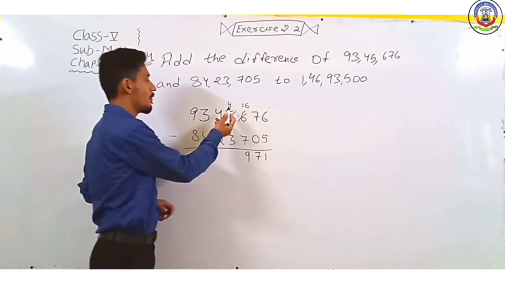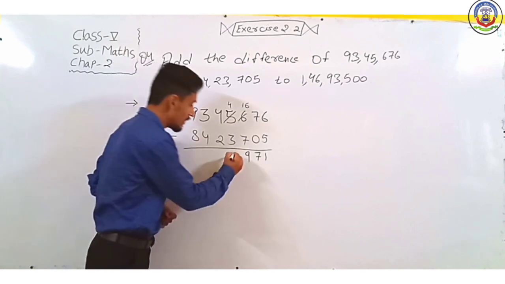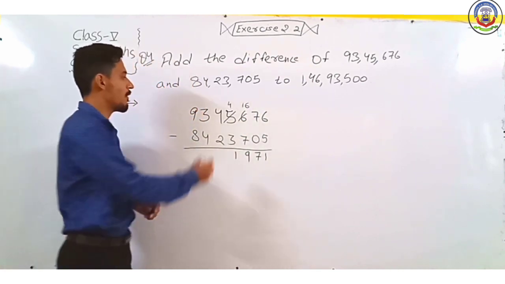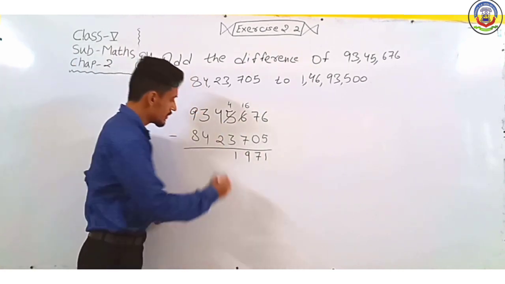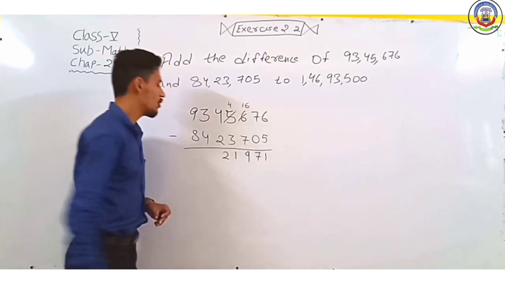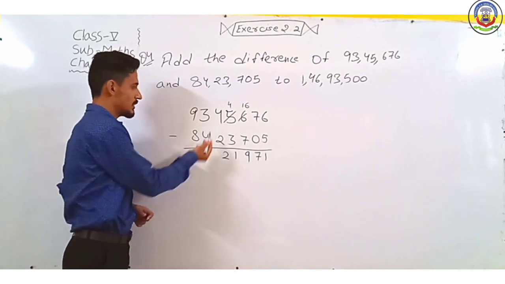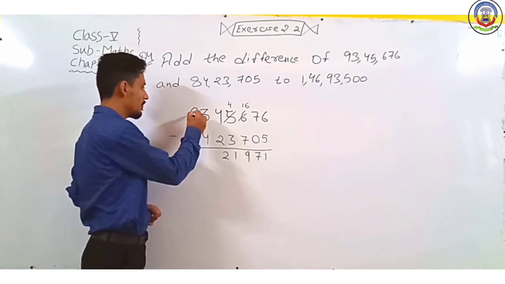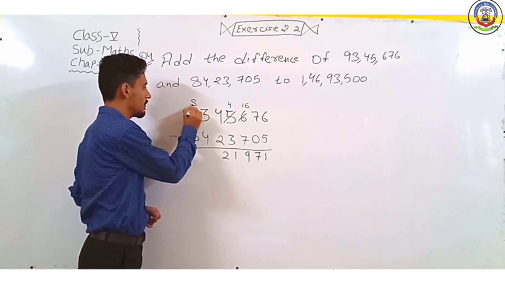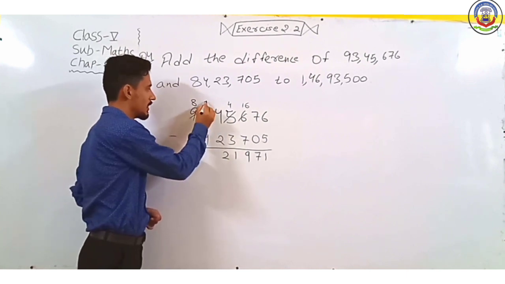Next we have 4 subtract 3, we get 1. Next we have 4 subtract 2, so we will get 2. Next we have 3 subtract 4, so again 4 is greater than 3, so we borrow from next column. This become 8 and this become 13.